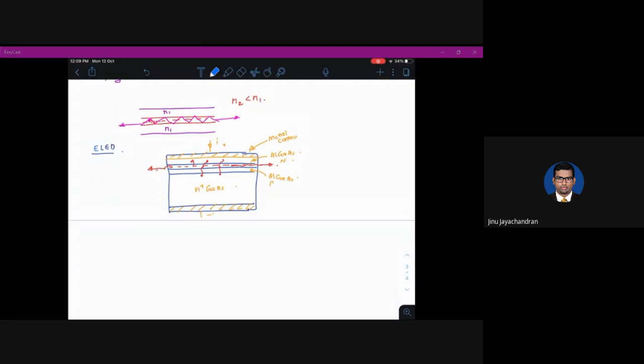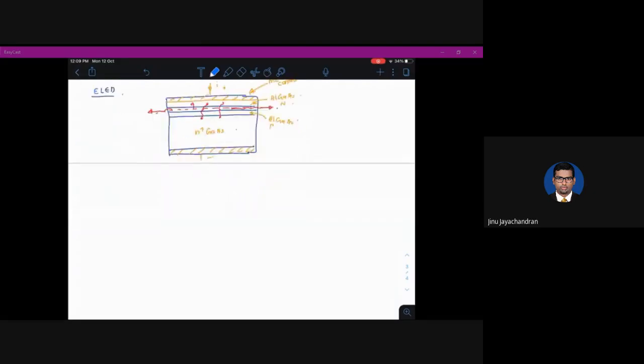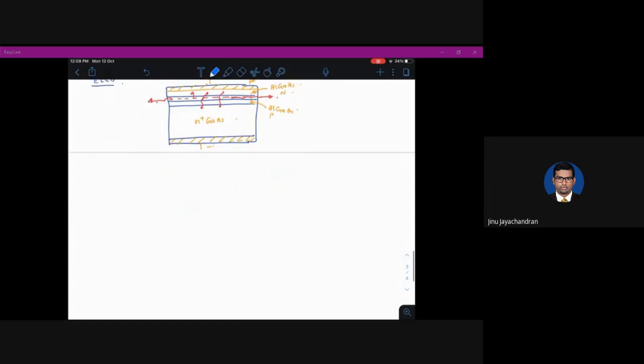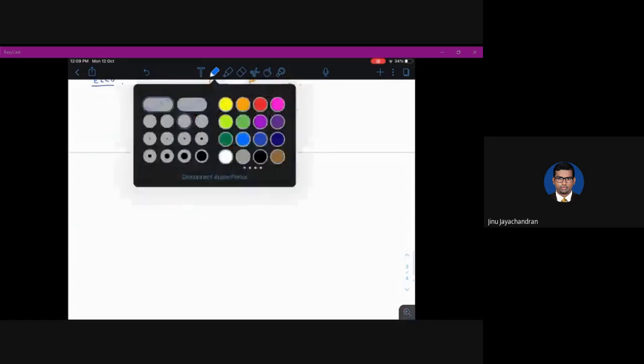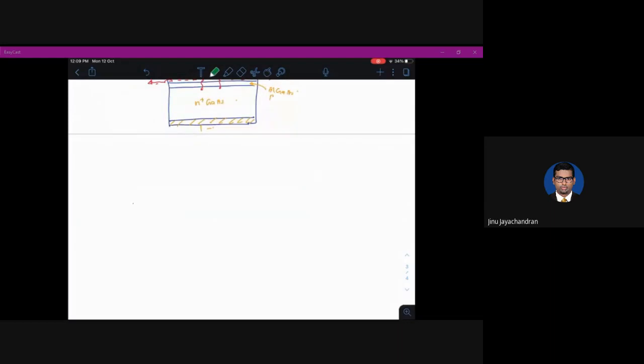Now, apart from the SLED structure, we need to look at one more structure after the LED fabrication. If you have seen an LED, you see a structure like this. The LED will be enclosed in a structure like this, and then there's a small strip, and then there are the contacts.